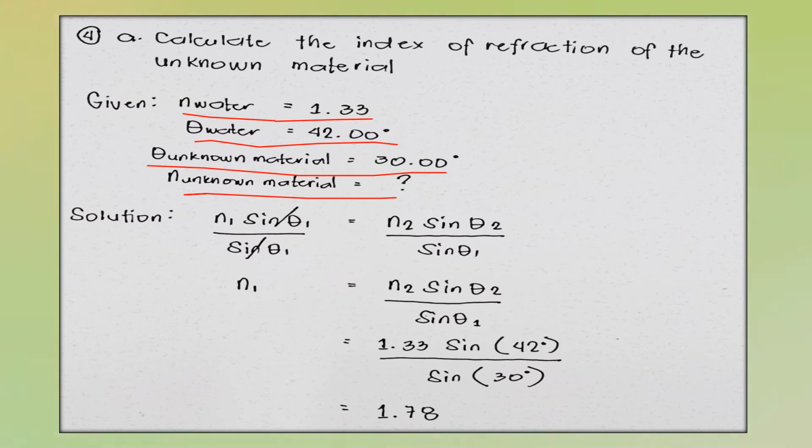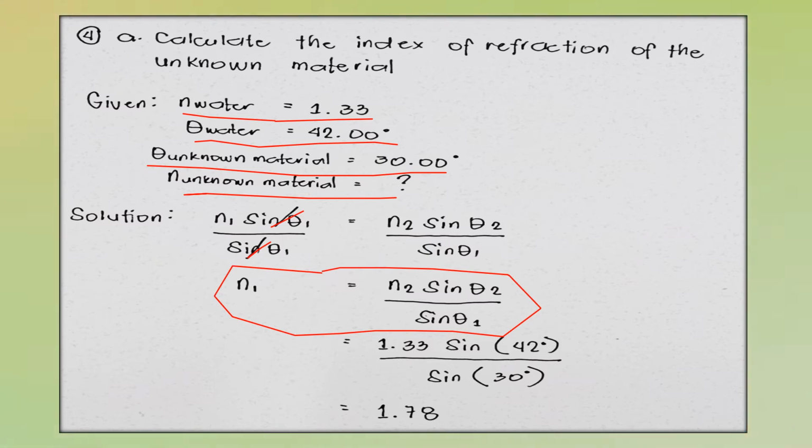Okay, so we cancel sine theta 1 and sine theta 1 here to obtain the value of n1. So the formula that we are going to use in this problem is n1 is equal to n2 sine theta 2 divided by sine theta 1.